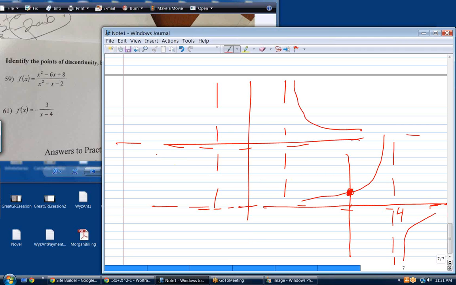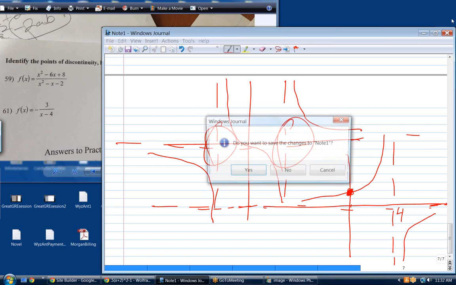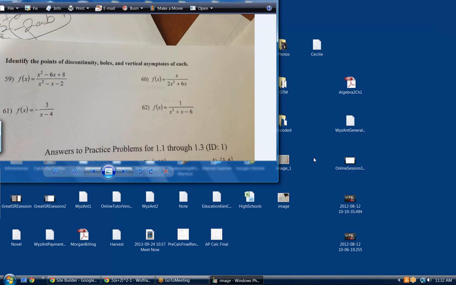Usually it looks something like this, and then it usually goes up like that. So there will be a discontinuity at both asymptotes. All right. Perfect.